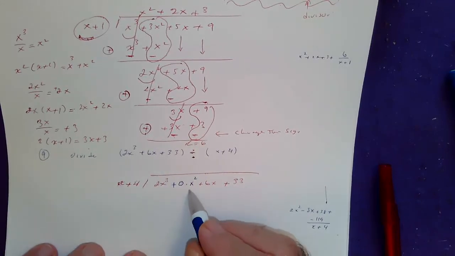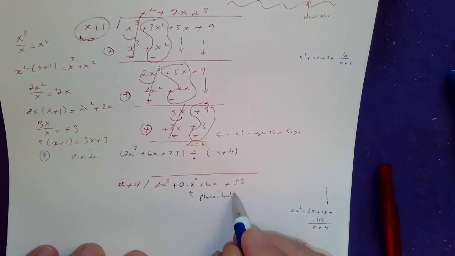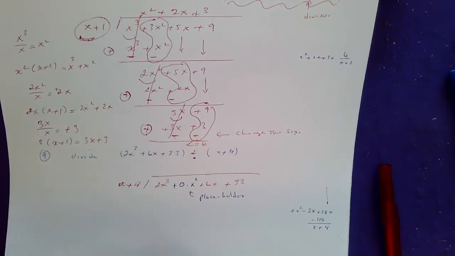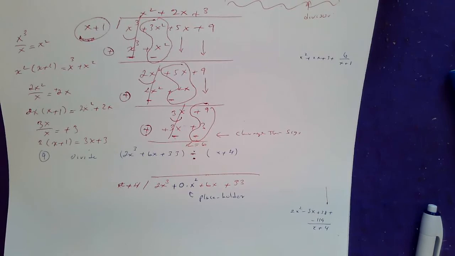What's the job of this guy? This is what we call a placeholder. So it really doesn't put any dent in your answer. However, it holds the place. Just like, let's say you are on the checkout line in the grocery market and all of a sudden you remember you have to rush back and get something else. You would tell the person behind you, could you hold my place?